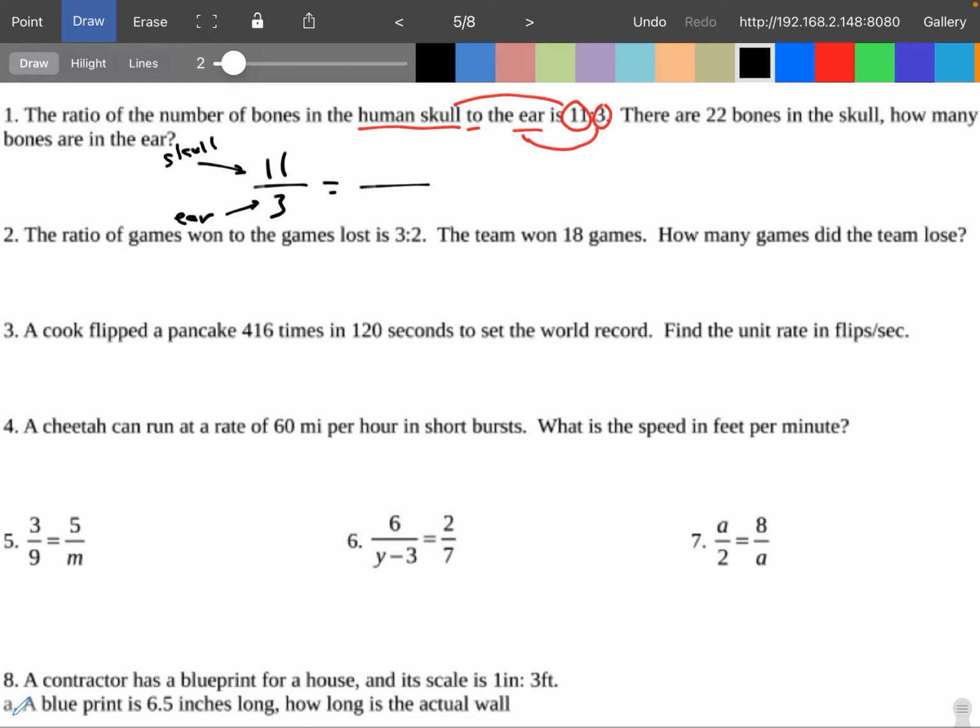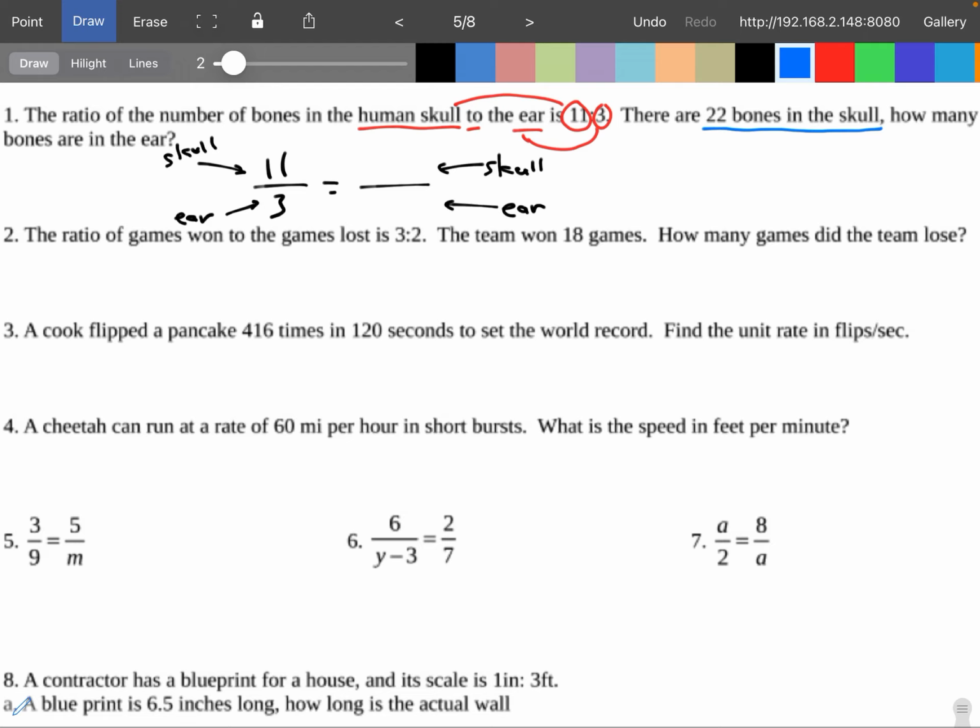Well, then when you set up your other fraction to get your proportion, we're going to solve this using a proportion. We got to make sure the numerator is skull bones and the denominator is ear bones again. So this has to be skull bones on top, and that has to be ear bones on the bottom.